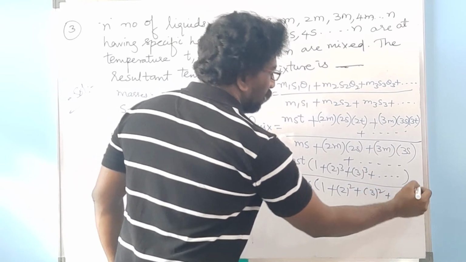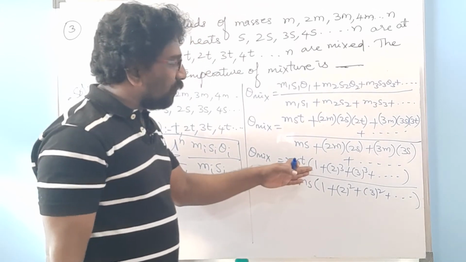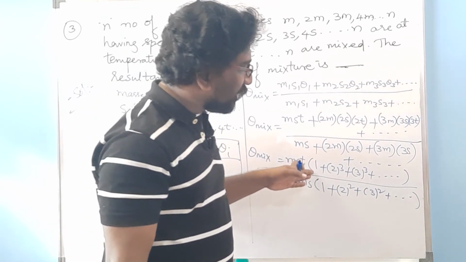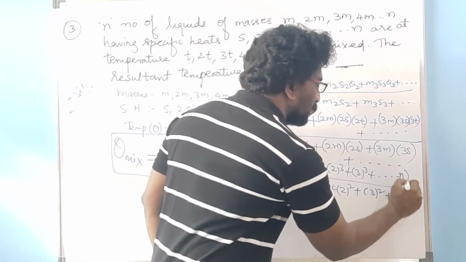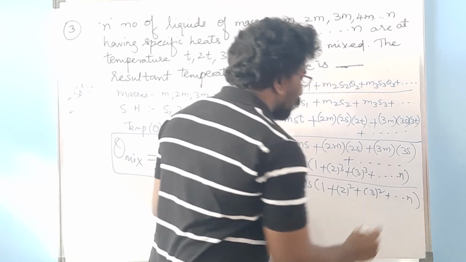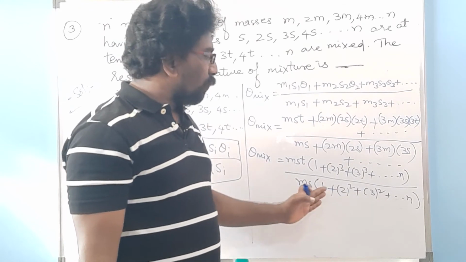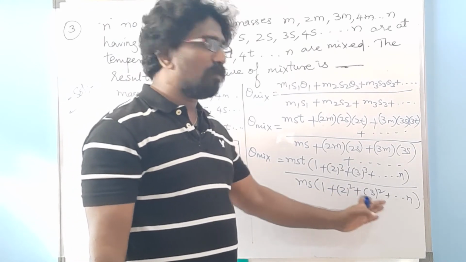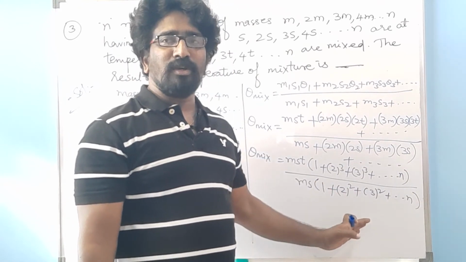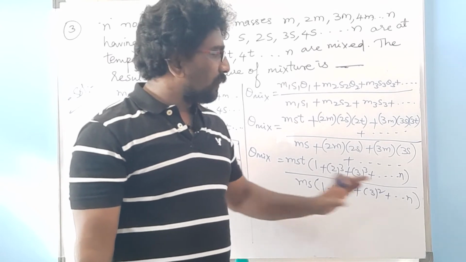Plus so on. Okay, you have studied this kind of series up to n numbers: 1 cube plus 2 cube plus 3 cube plus so on up to n numbers, and again 1 square plus 2 square plus 3 square plus so on up to n numbers. In mathematics, you have studied this in your school curriculum.